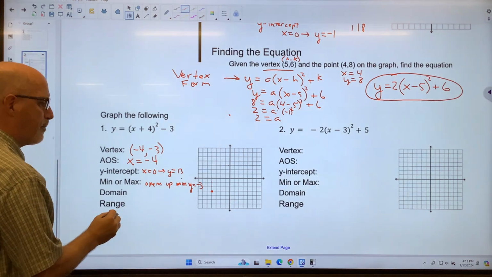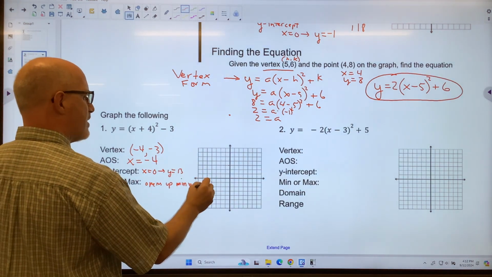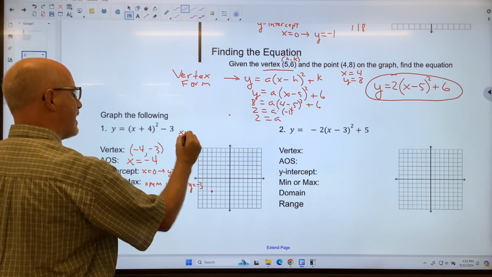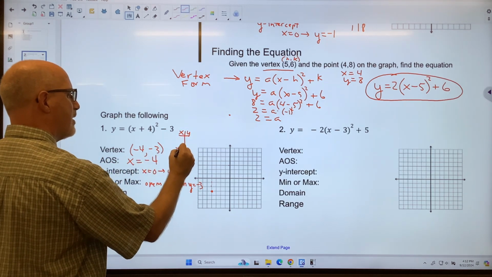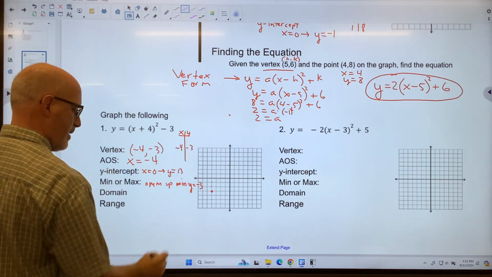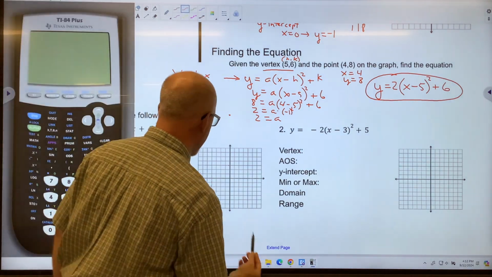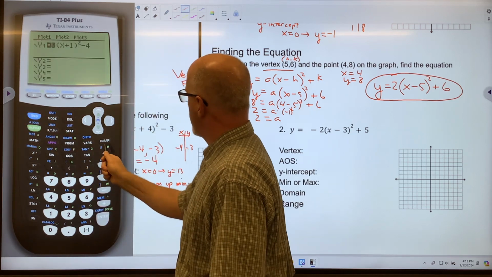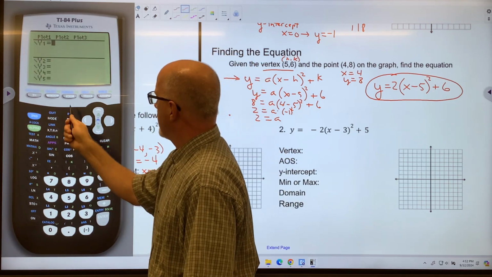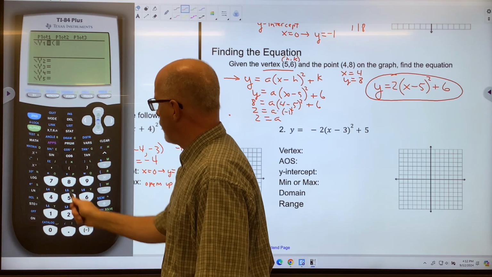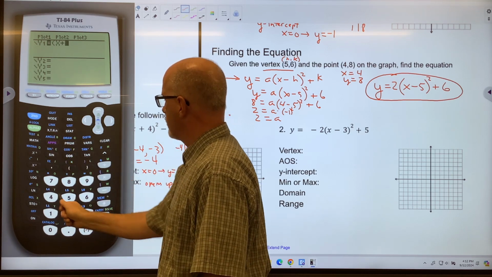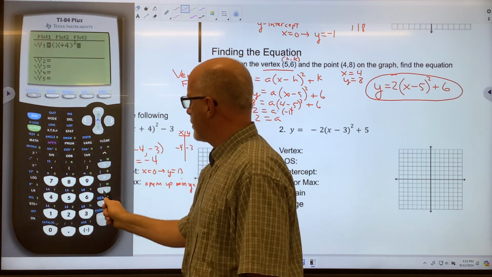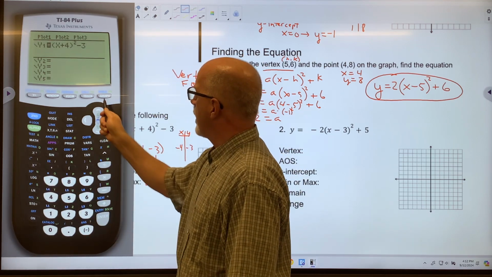All right, let's go ahead and get a table for this. So if we were to put this on our graphing calculator, get a table, put the vertex right in the middle, -4, -3, and then we'll put it on our calculator. So go to y equals, clear this one off. I'm going to put in parentheses x plus 4, square that, and then put in -3, and then hit graph.